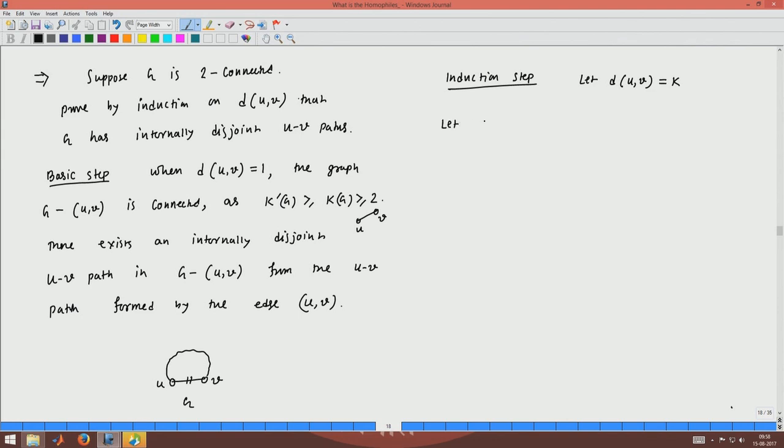Let w be the vertex before v on a shortest path from u to v.